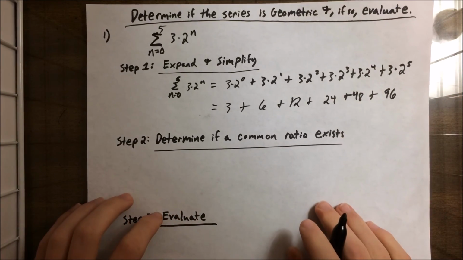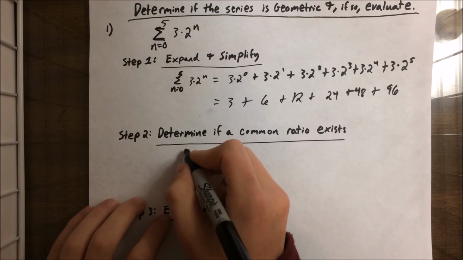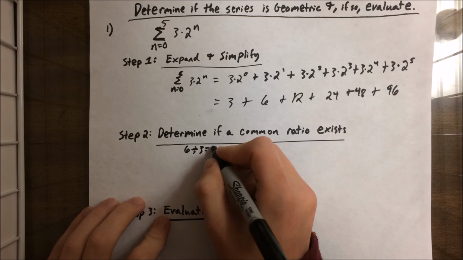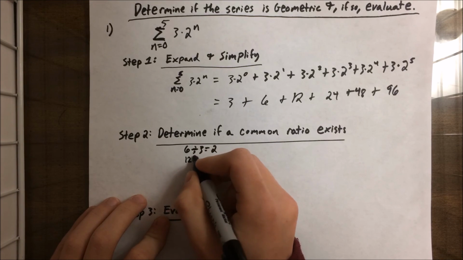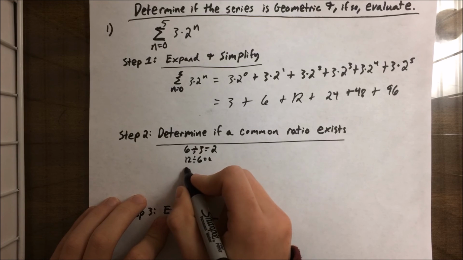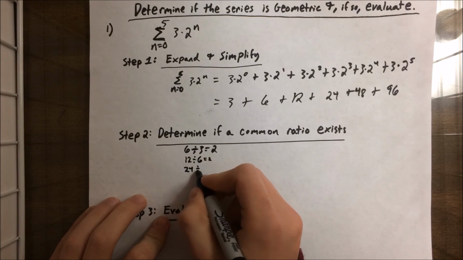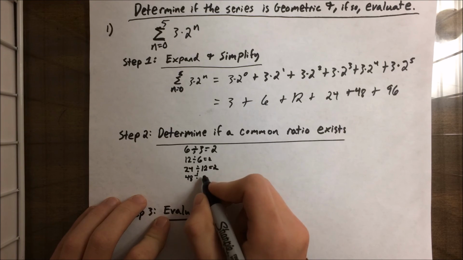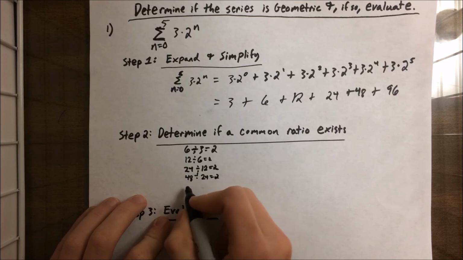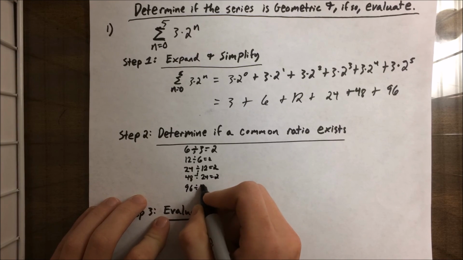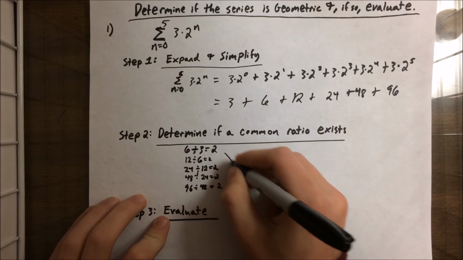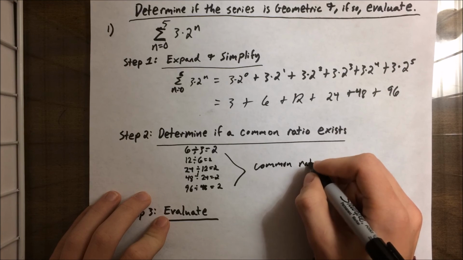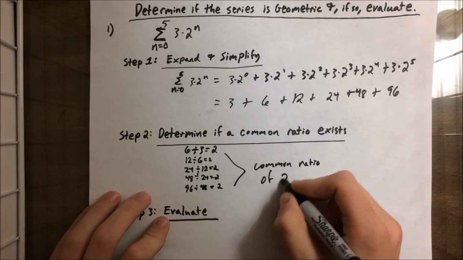Okay, so then step 2 is to determine if a common ratio exists. 6 divided by 3 is 2. 12 divided by 6 is 2. 24 divided by 12 is 2. 48 divided by 24 is 2. And 96 divided by 48 is also 2. So therefore, the common ratio exists and is 2.